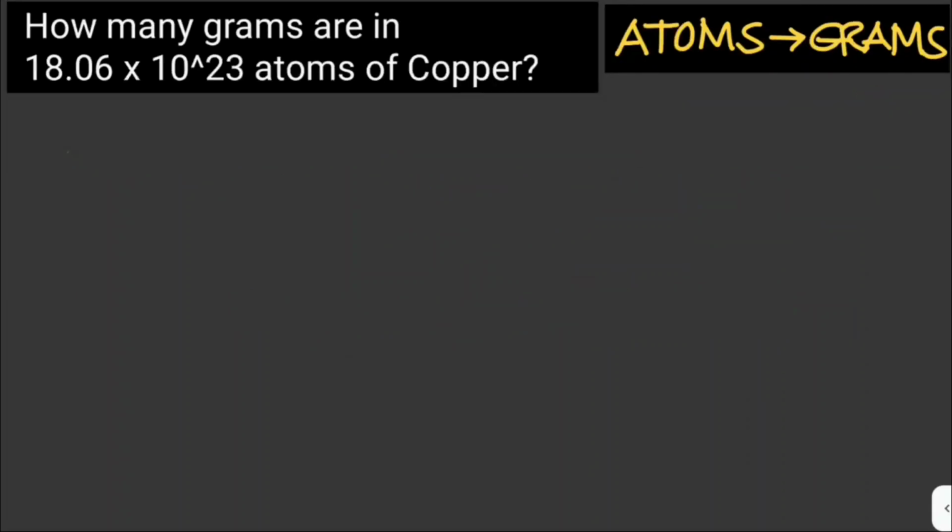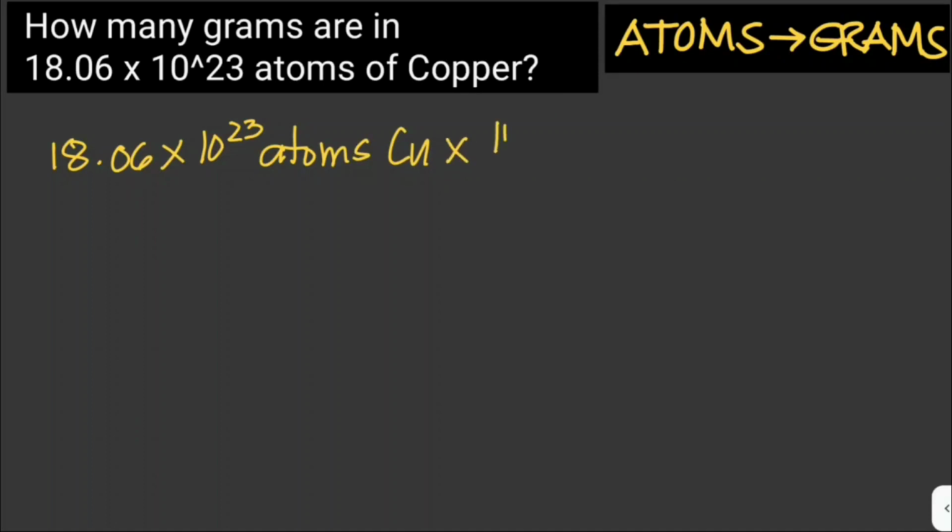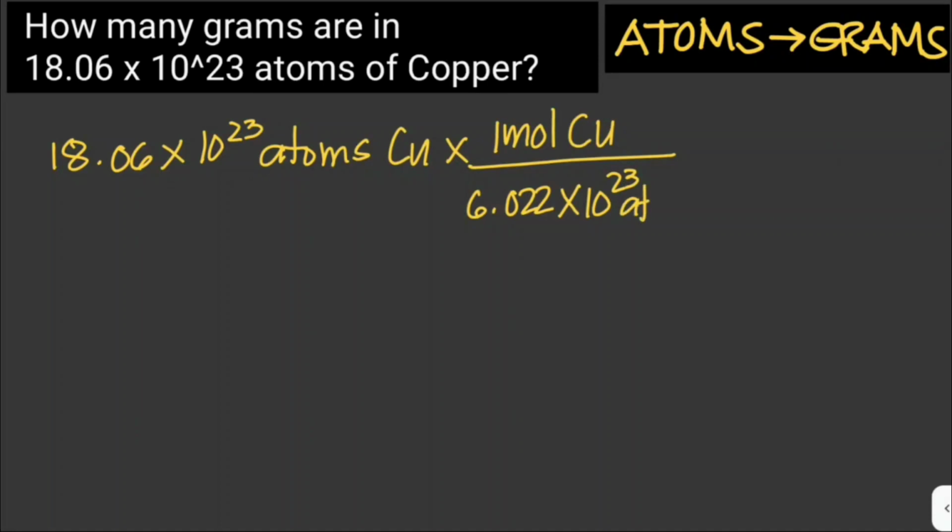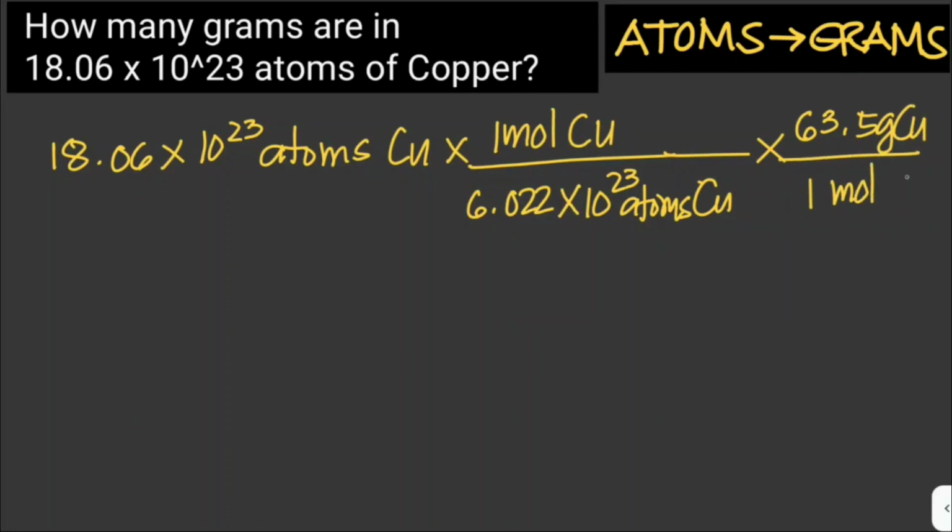Problem here. How many grams are in 18.06 times 10 to the 23rd atoms of copper? So we're given here the number of atoms and we convert this into grams. So that will be 18.06 times 10 to the 23rd atoms of copper times 1 mole of copper is equivalent to 6.022 times 10 to the 23rd atoms of copper multiplied by the molar mass of copper, which is just equal to 63.5 grams of copper per 1 mole of copper.